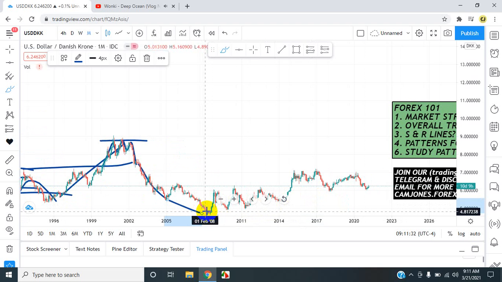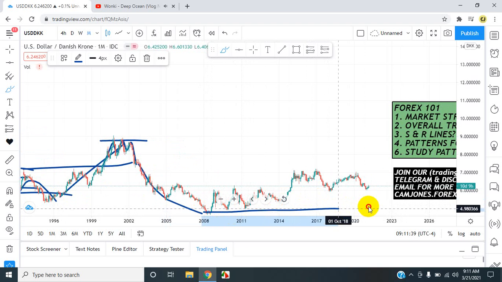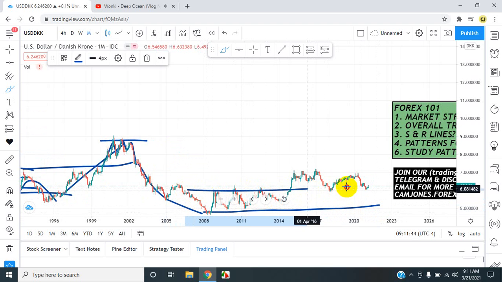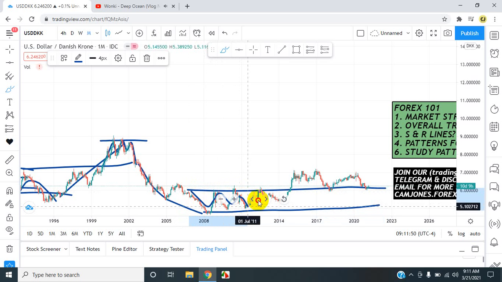Major drop, '08 recession. From there, this is a major area of lowest lows, support, and we have an area of resistance, and we can see that the market consolidated back and forth, so we would have been buying and selling here.